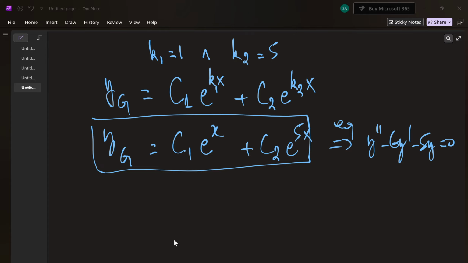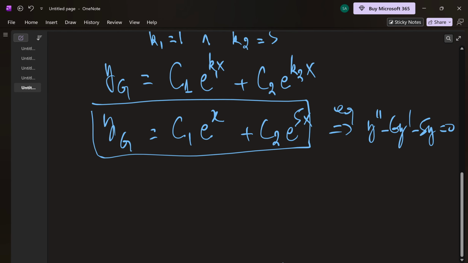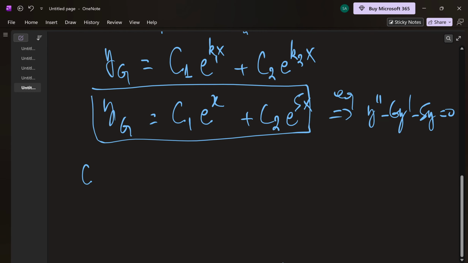You could verify it. We will do it only this time, but for the other cases we will accept it as the solution. So this is the first time we will check if this is really the solution to this equation. Let's substitute.